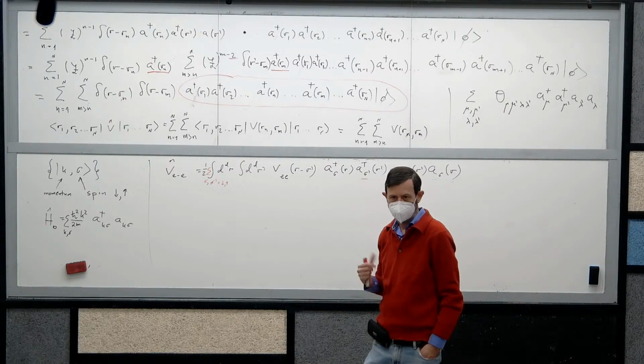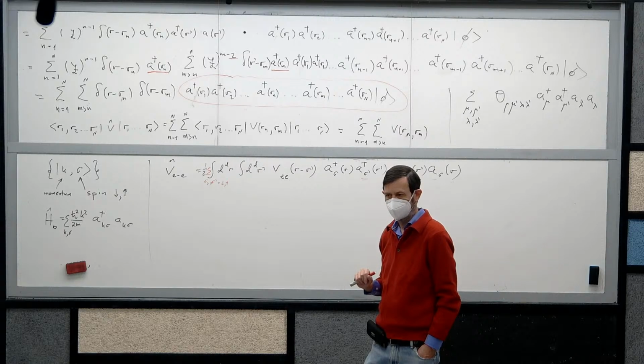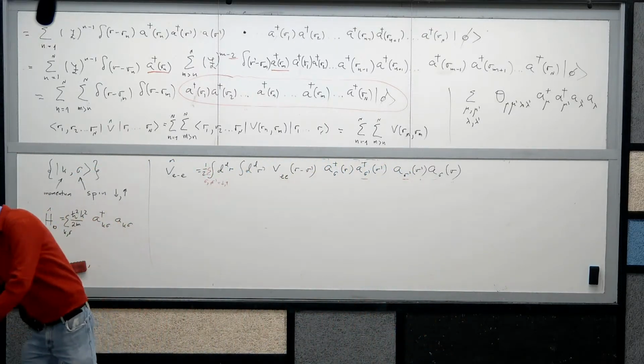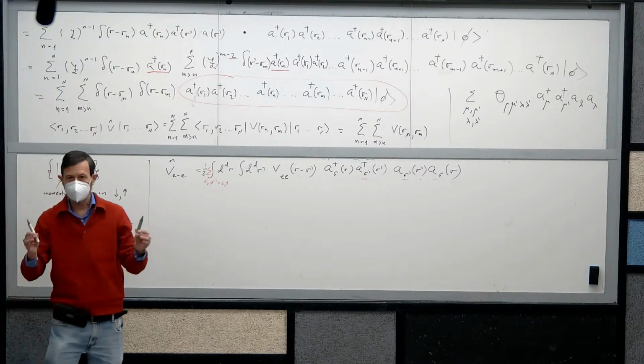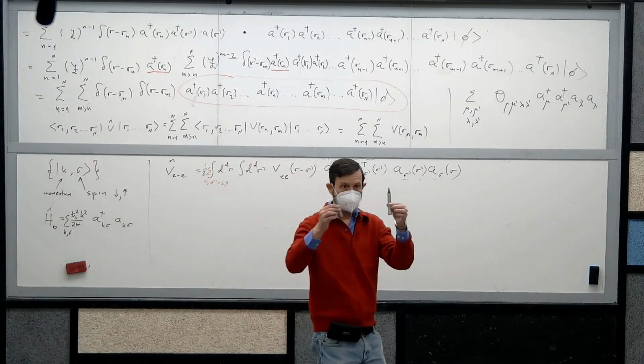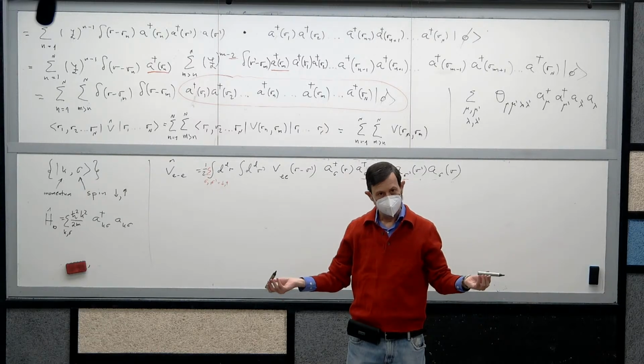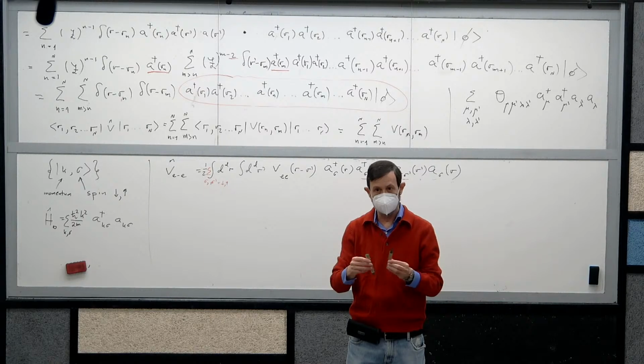Physics, not mathematics now. Okay, the physics is the following. I have two electrons. Up, up. Could they sit in the same position? No. Up, down. Could they sit in the same position? Yes. So the Coulomb interaction will behave differently for both states.